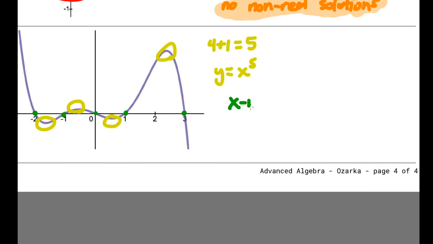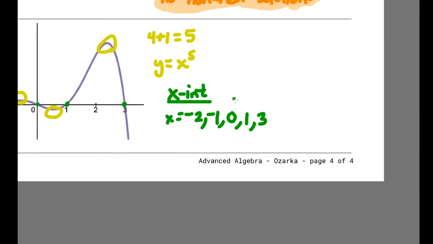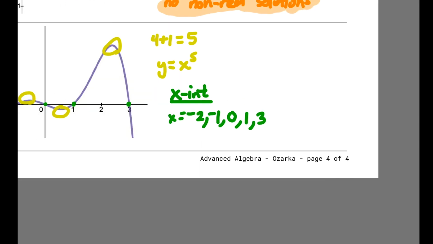So the x-intercepts for this one occur at x equals -2, x equals -1, 0, 1, and 3. Now, again, we're assuming that the lowest possible degree here is 5, and there are 5 solutions there, so that means there are no non-real solutions for this one, so we do not have to worry about that.